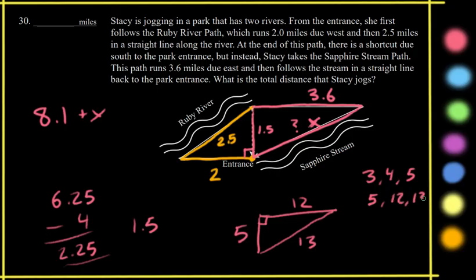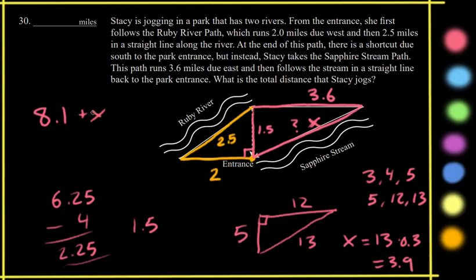And there are a few others that are useful to know as well. But this is in the ratio of 5, 12, because if you multiply this 5 times 0.3, you get 1.5. And if you multiply 12 times 0.3, you get 3.6. So that means x is just going to be 13 times 0.3. And 13 times 0.3 is 3.9.